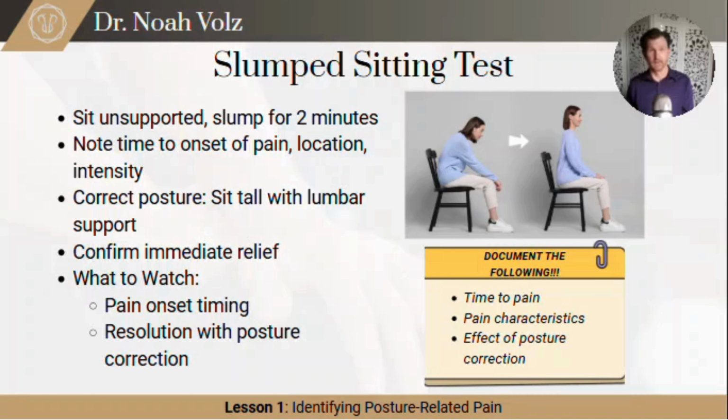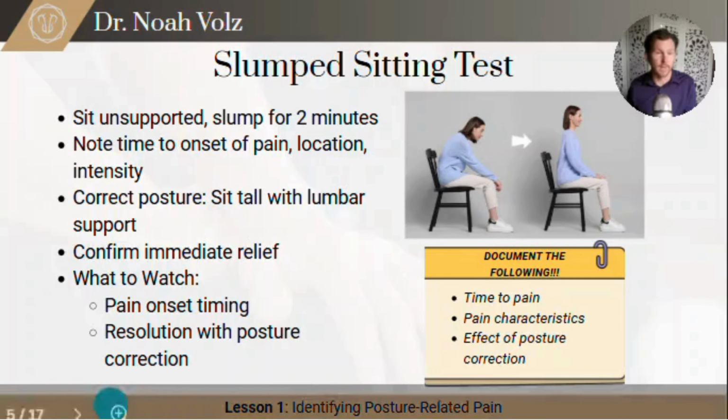So again, watch for the onset of timing. Maybe 2 minutes isn't long enough, and you need to sit in this slumped position for longer. And notice how long it takes for resolution to happen. This is diagnostic for posture-related pain.